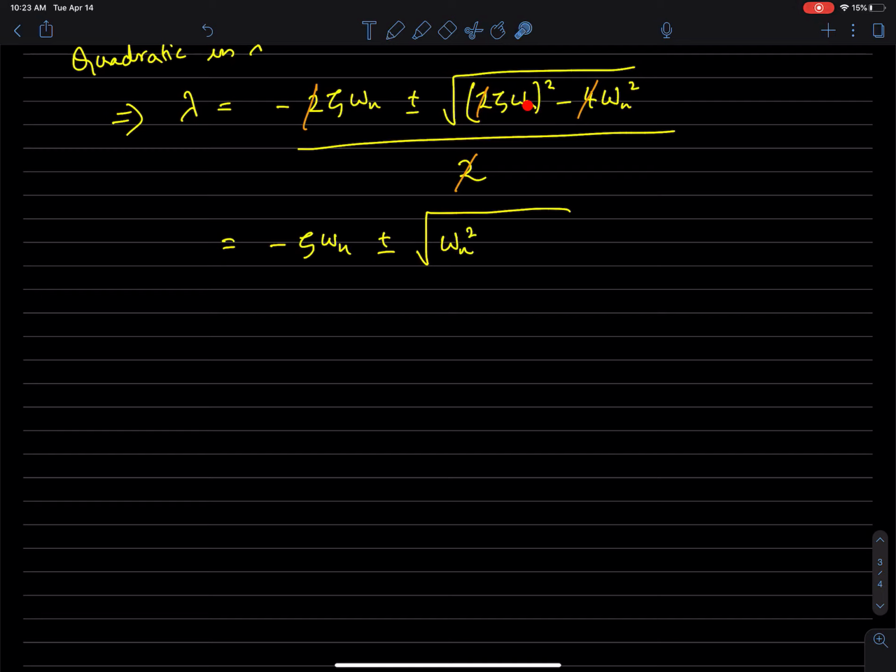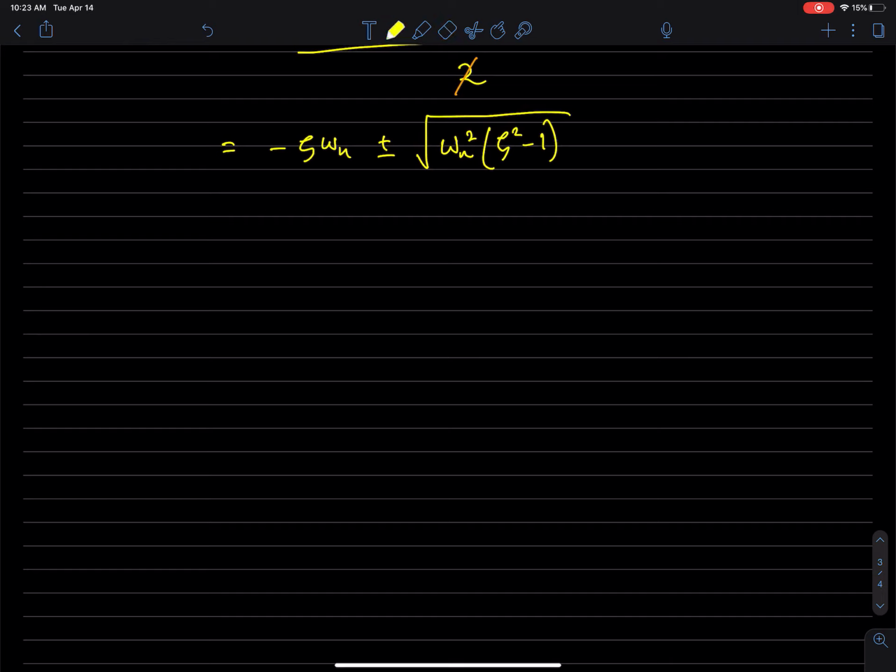There's an omega n square here, and then there's a zeta square minus 1, divided by, well, that's it actually, because we just got rid of the 2. So let's take it one step at a time.